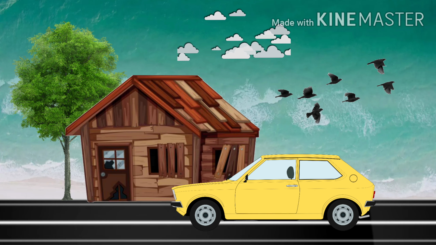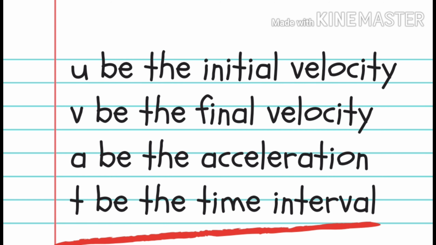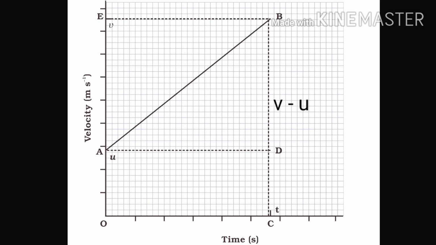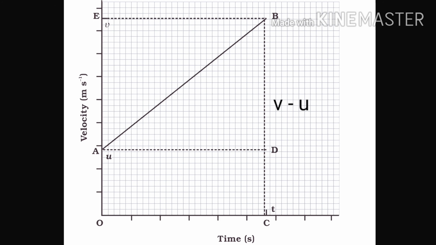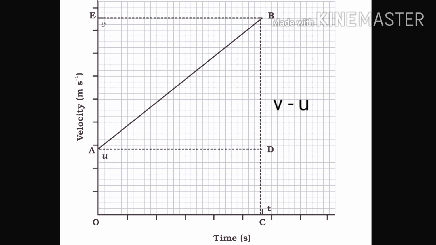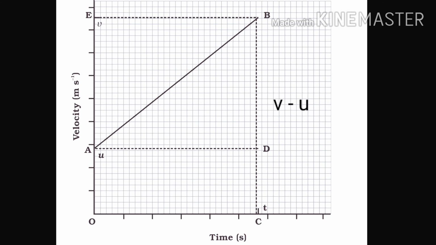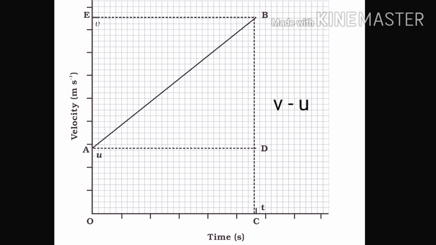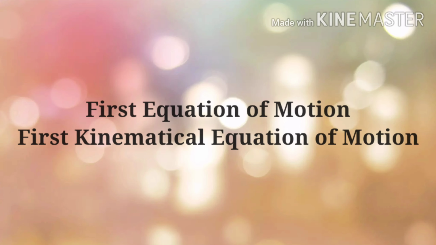Now consider a body of mass m having some initial velocity u. After a time t, let v be its final velocity. Now, if we plot the velocity time graph such that AO represents initial velocity, BC represents final velocity, BD represents change in velocity and OC represents time taken.